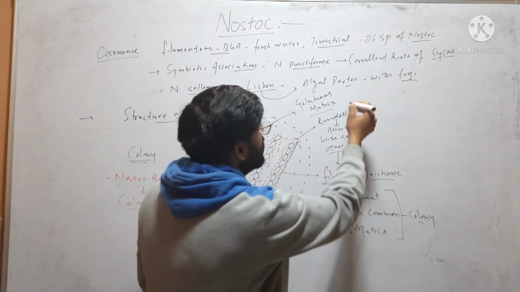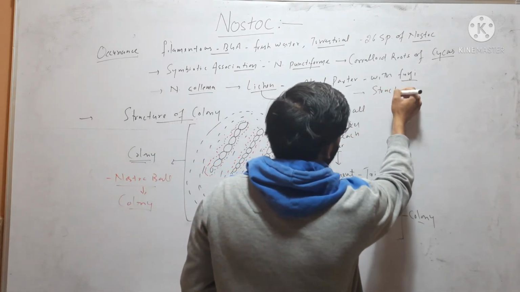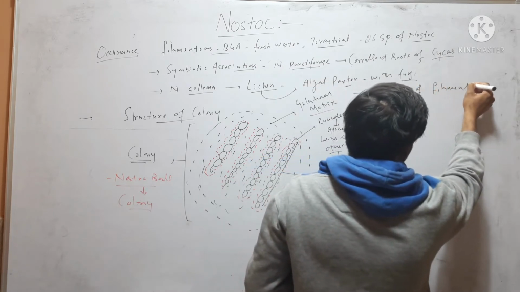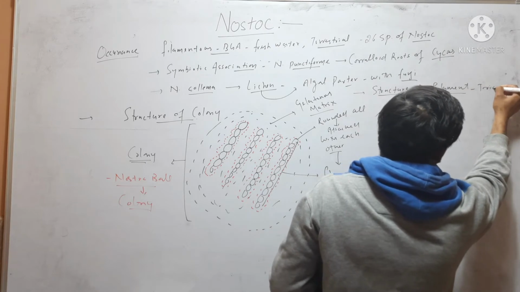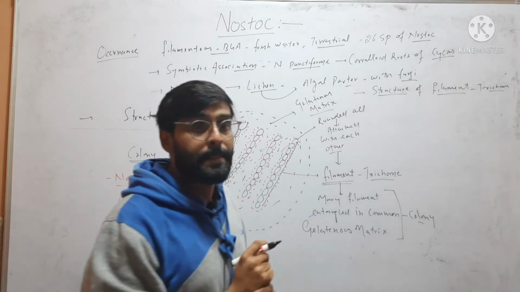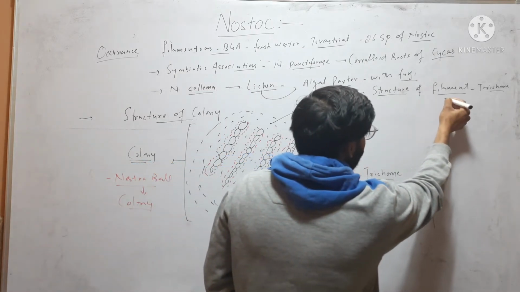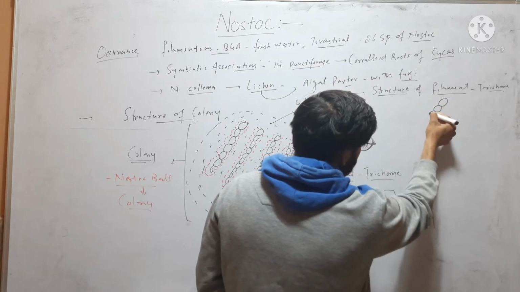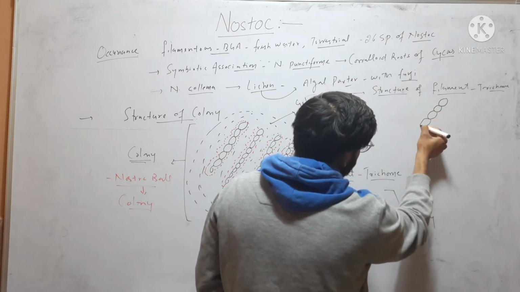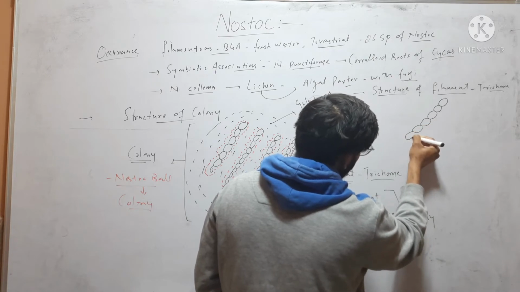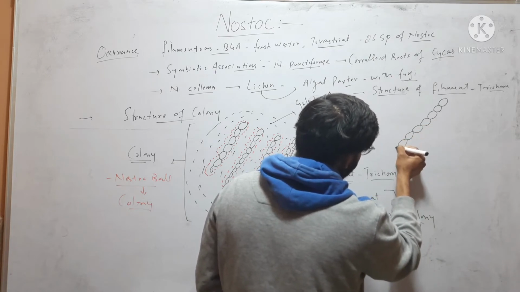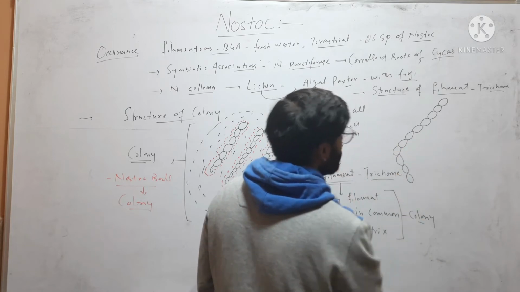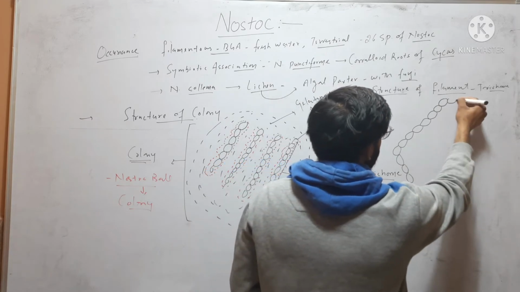Now look at the structure of its filament, or you can say trichome. Many cells are attached to each other, and these cells are somewhat constricted towards the end.